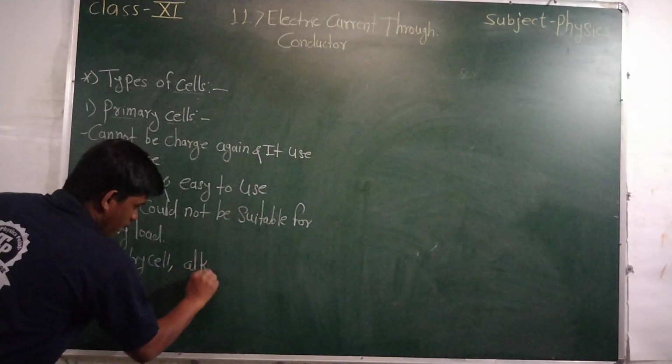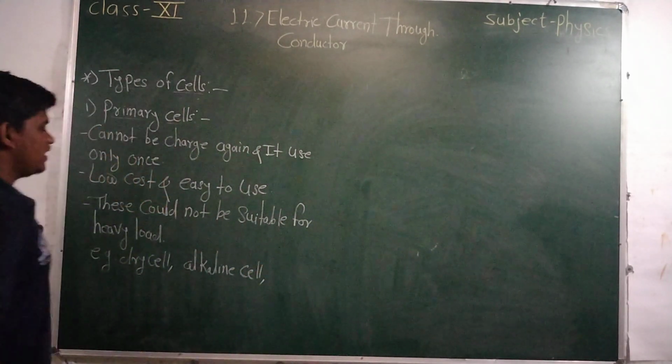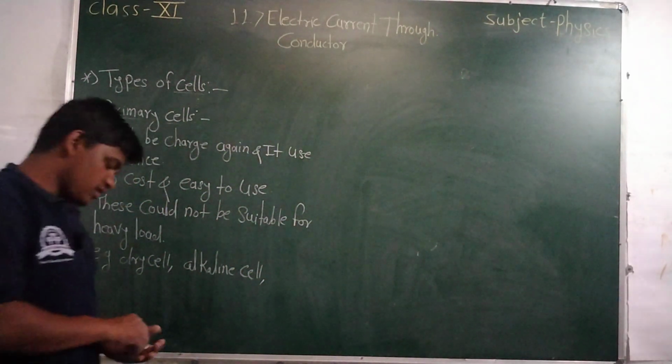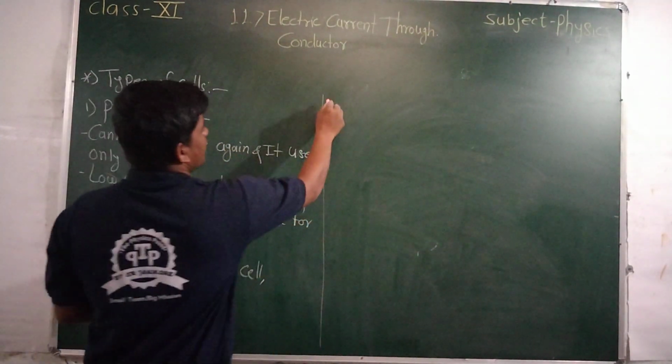These are the two main and useful examples of the first type of cells.